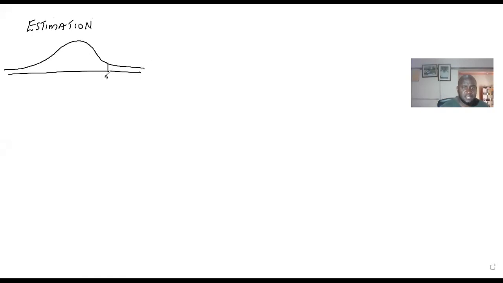I was illustrating how the Z alpha over 2 comes about. This is estimation. If you have a normal distribution curve, the Z alpha over 2, we had seen that if we had 95% confidence, this side would be 0.475, and this one will also be 0.475.